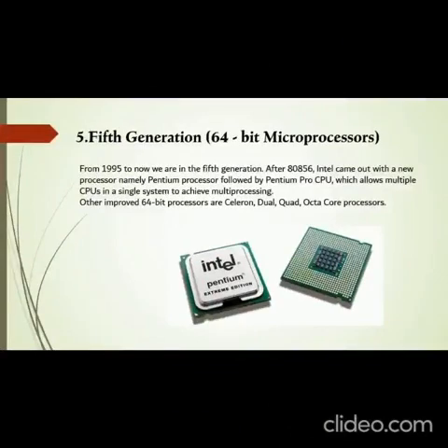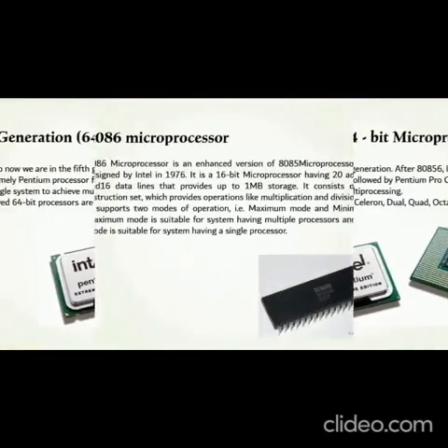After 80386, Intel came out with new processors, namely the Pentium processor, followed by the Pentium Pro CPU, which allows multiple CPUs in a single system to achieve multiprocessing. Other improved 64-bit processors are Celeron, Dual, Quad, and Octa-core processors.